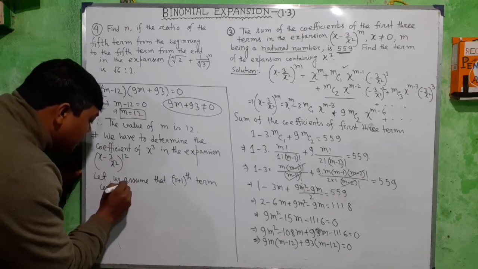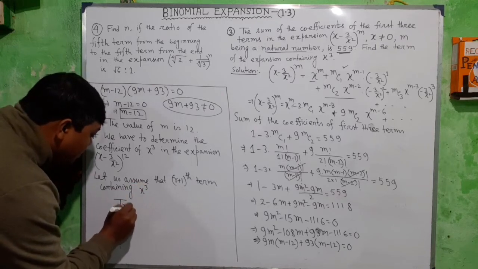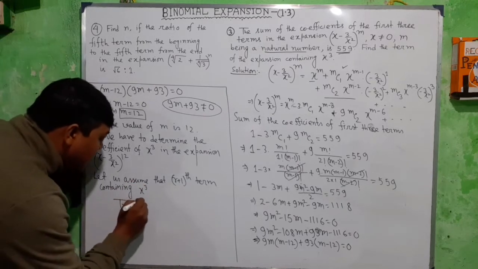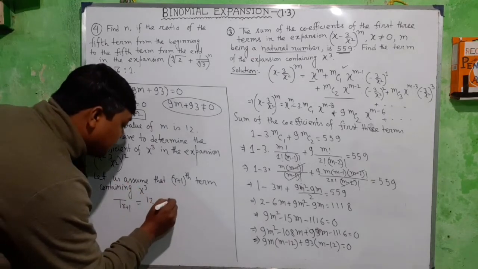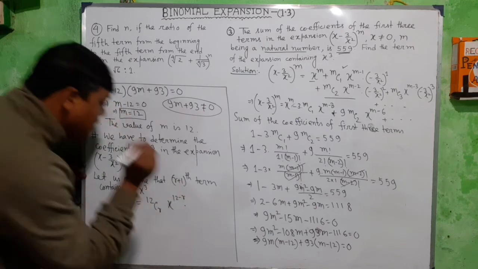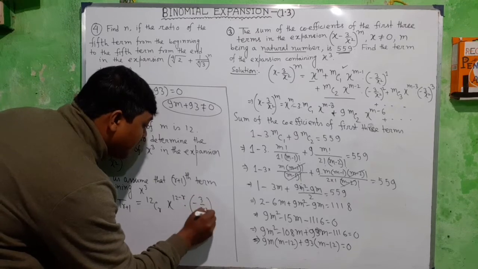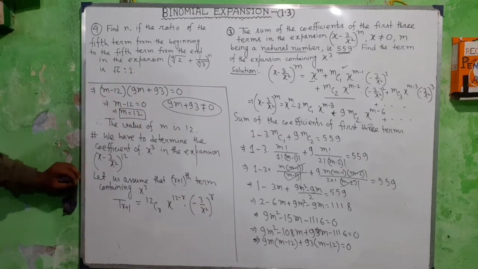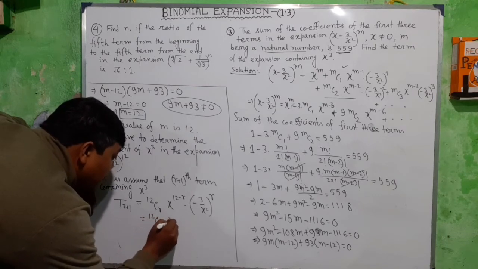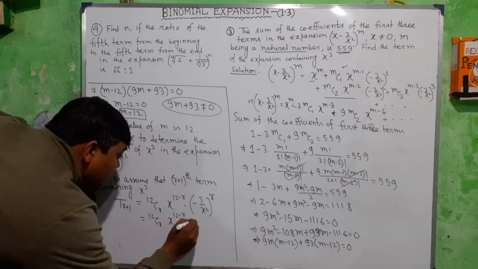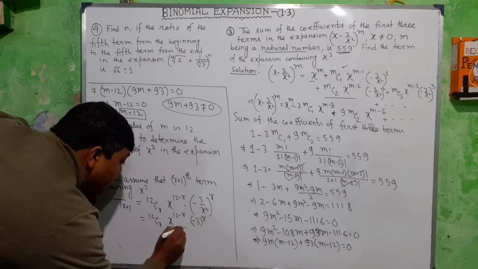T r plus 1 equals nCr, that is 12Cr, a to the power n minus r, that is x to the power 12 minus r, into b to the power r, that is minus 3 by x square whole to the power r. So now I simplify it: 12Cr x to the power 12 minus r, minus 3 to the power r by x to the power 2r.